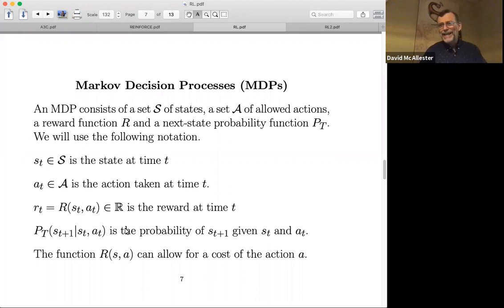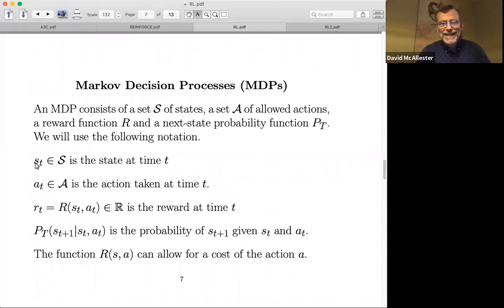So if I'm in a state and I pick an action, there's a probability distribution over the next state that action leads to. And that can be stochastic, right? The world can have randomness in it, so that when I'm in a state and take an action, there's a distribution over the next state.